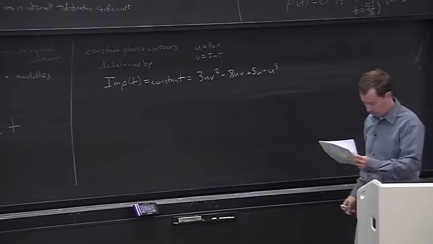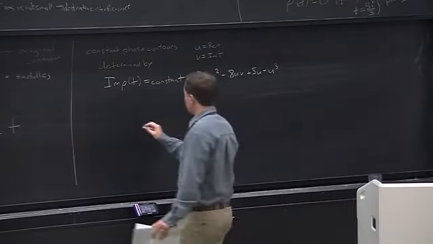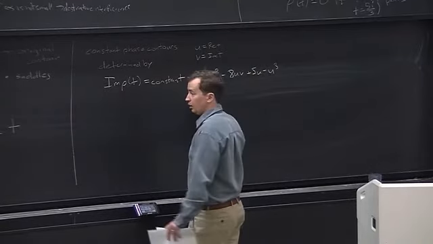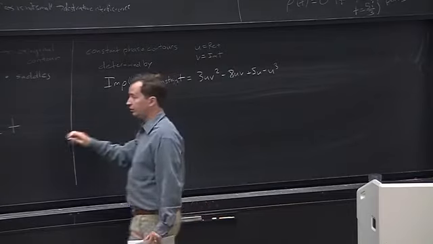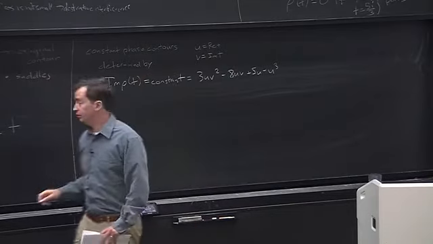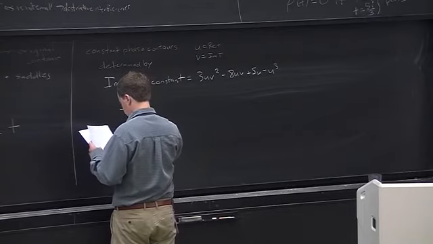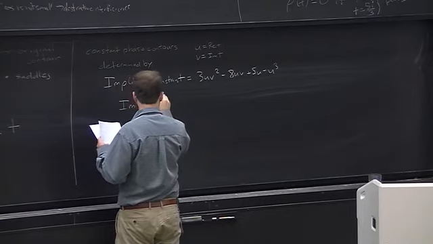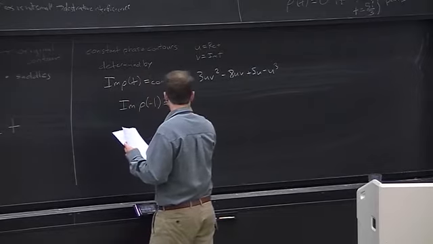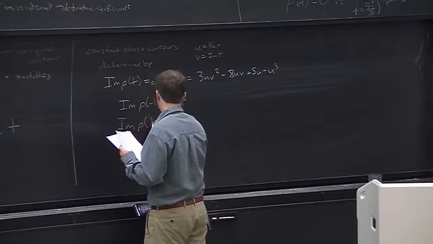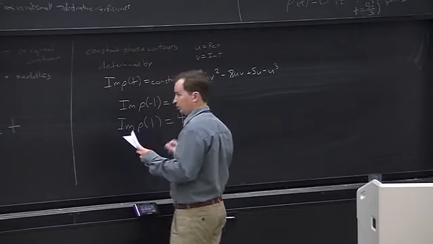We'll get it. And so the first thing we notice is that the phase at our two endpoints is different. So the imaginary part of rho of minus 1 is minus 4, and the imaginary part of rho of 1 is 4.